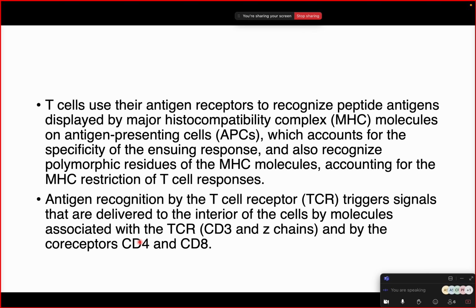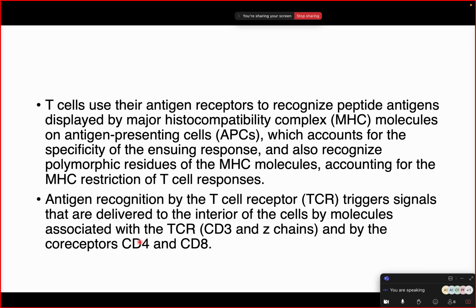T cells use their antigen receptors to recognize peptide antigens displayed by major histocompatibility complex molecules on antigen presenting cells, which accounts for the specificity of the ensuing response, and also recognize polymorphic residues of the MHC molecules, accounting for the MHC restriction of T cell response.